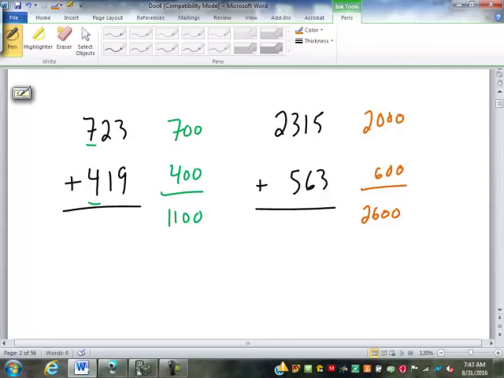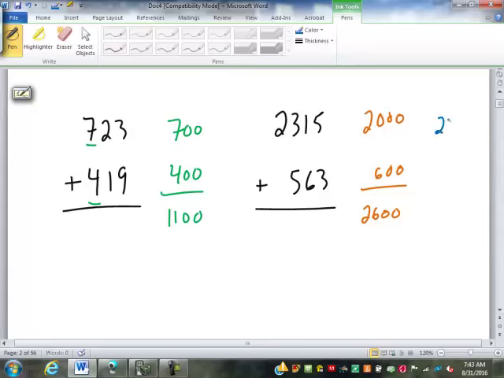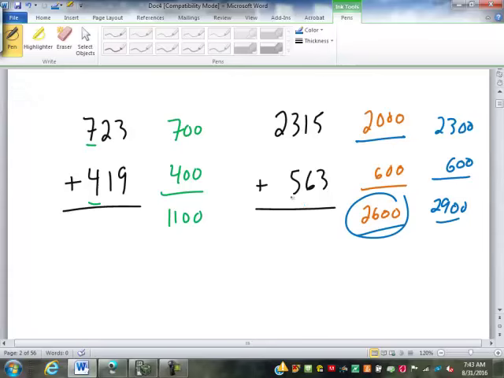That's fine. You could round this and say, hey, that's about 2,300. This is about 600. 23 and 6 make 29. That's 2,900, something close to 2,900. Notice those estimates are very different, but they're just estimates. Whatever method works for you, you just have to know that when you get to the answer, okay, this one was rounded a lot further, so there's a good chance my answer is going to be further away from it.